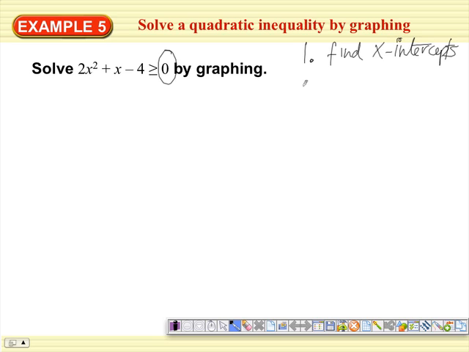What ways do you know how to find x-intercepts? Completing the square, quadratic formula, factoring, and then solving if you want to. But the easiest way for this type of problem is actually to use your calculator. Okay, so everybody get out your calculator. Let's save some time because your answers can be in decimal form.